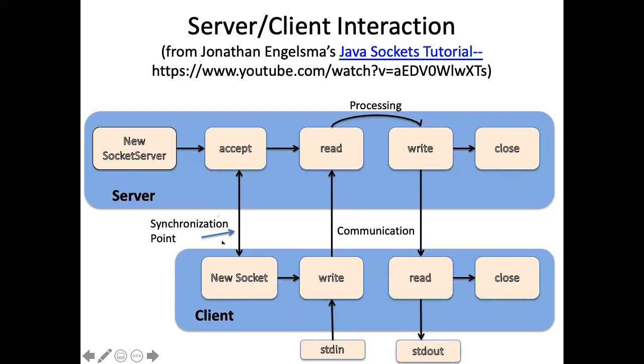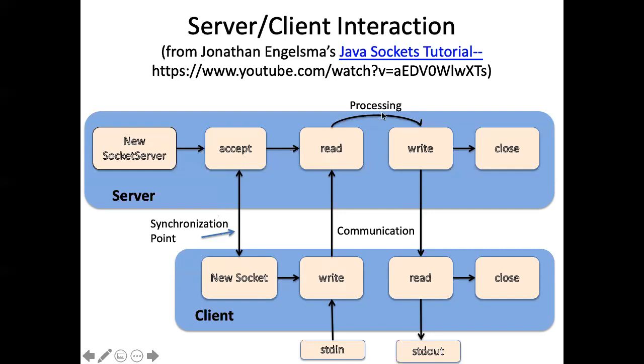On the client side, the client tries to create a new socket by making a request to that machine, to the server on its port. And if the server accepts it, then each side gets a socket, okay, that they can use to communicate. So at this point, you can write to a socket and you can read from a socket. Whatever the client writes to a socket is sent to the server, and the server can now read from the socket.